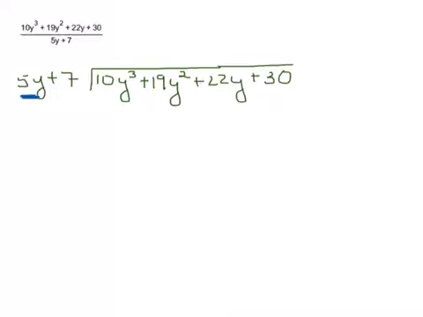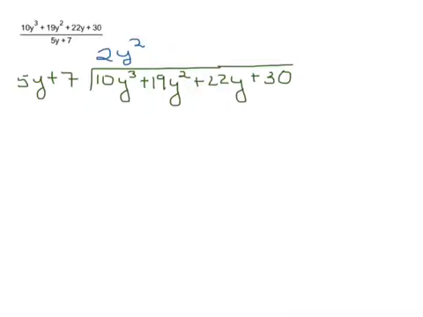Well, 5 times 2 is 10, and I'll write my result above the term it's coming from, but it really doesn't matter. So 5 times 2 is 10, and y times y to the 2 gives us y to the 3.